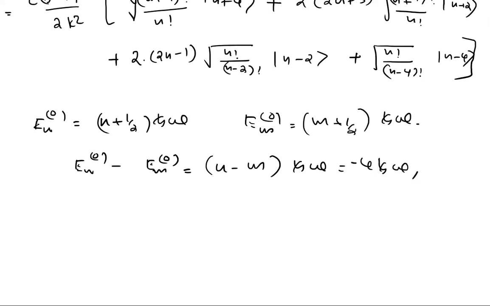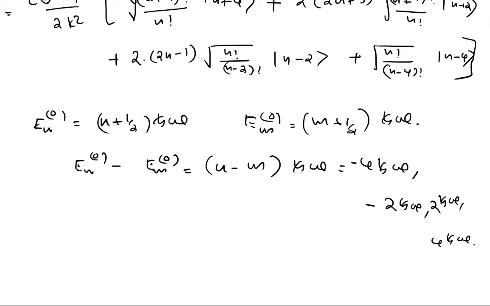For the second term it is minus 2 h cross omega. First term it is h cross omega, and finally it will become 4 h cross omega. So these two terms are going to be positive, and the other two terms are going to be negative.